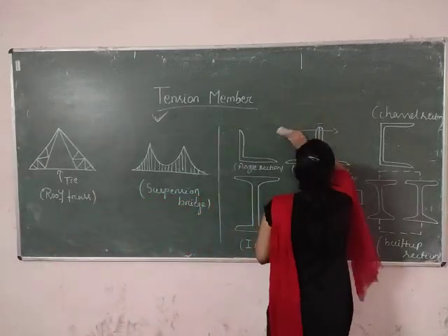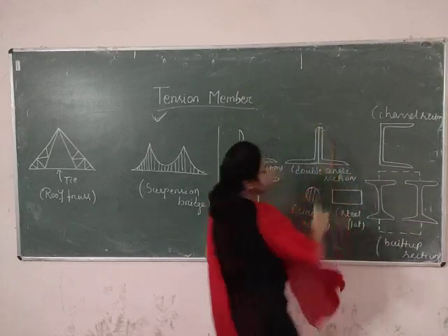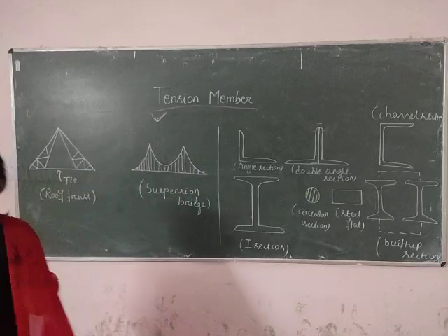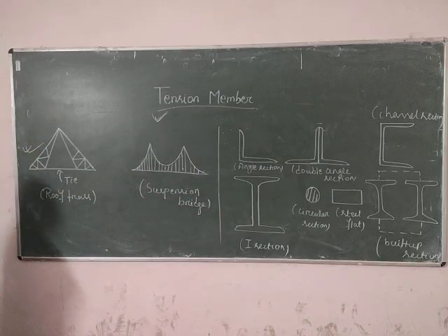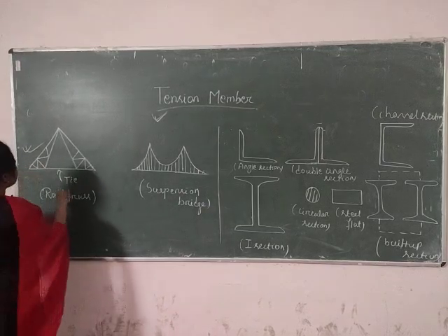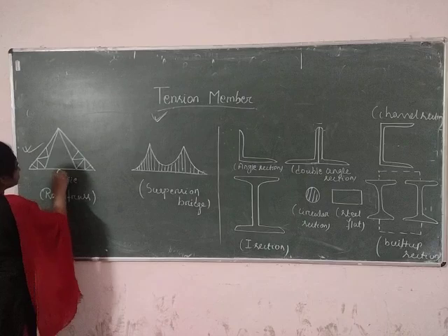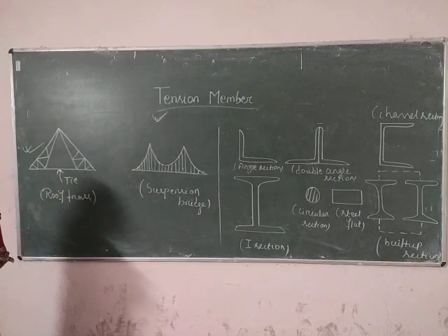Next, let us come to some examples of tension members. Here you can see the case of a roof truss. The bottom member, that is the main tie of the roof truss, is an example of a tension member.